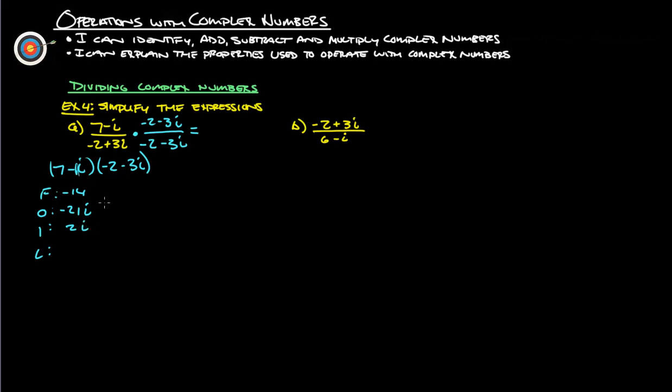And then negative times a negative is a positive. 1 times 3 is 3. And we've got i squared, right? Which we now know is 3 times negative 1, which is negative 3. So that means the top is going to be negative 14 and negative 3 is negative 17.